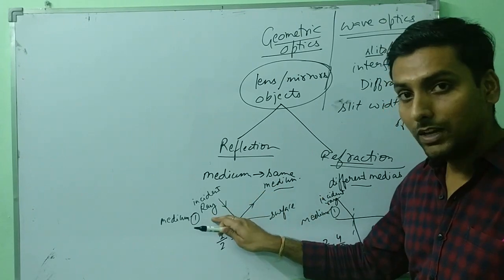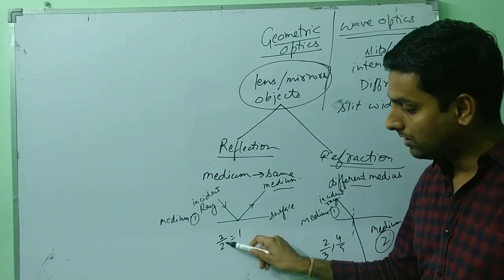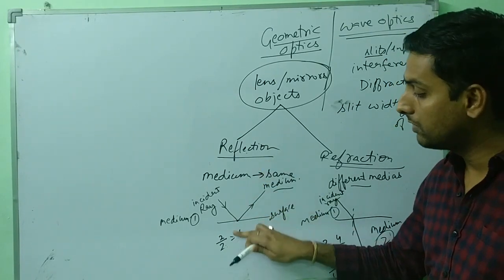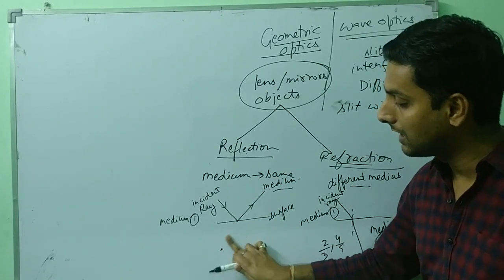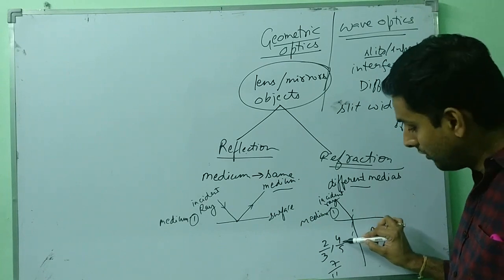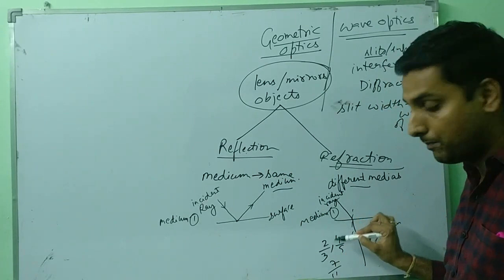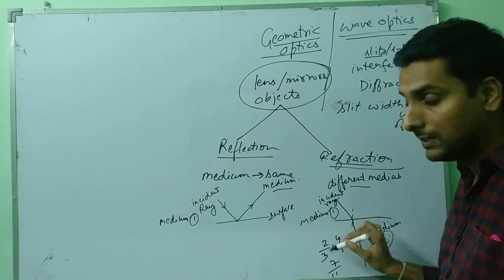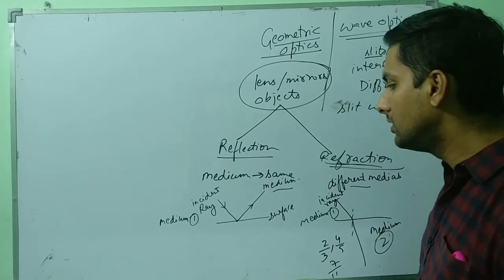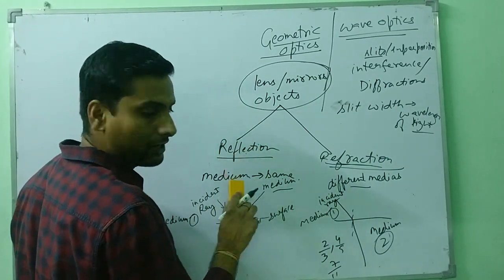So when the striking medium and the after-striking medium both remain the same, then it is reflection, because there will be no fraction involved. And when both are different, it will always be a fraction, because it cannot be a whole number, a pure simple proper number. Then it will be refraction. So from now we will study the case of reflection.